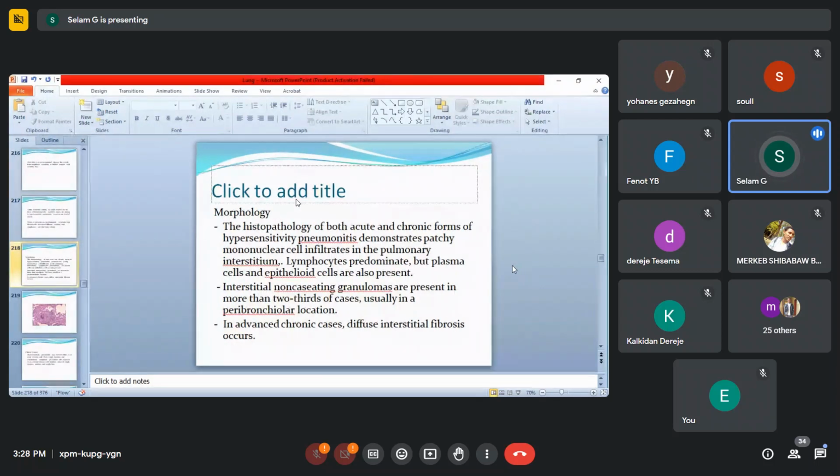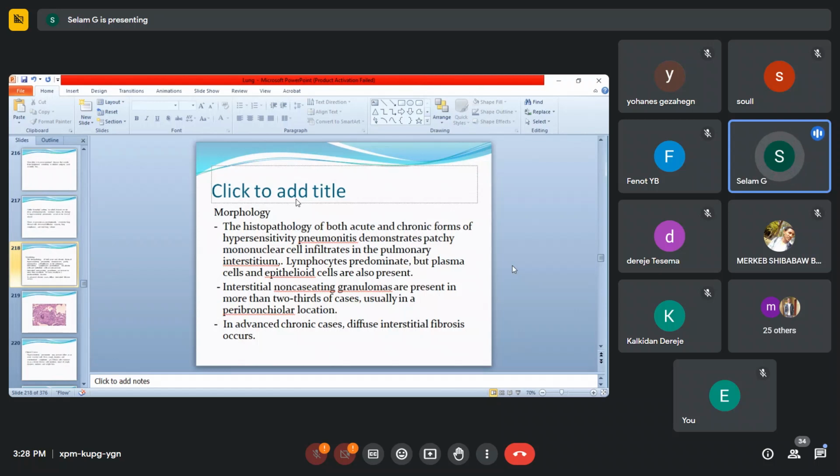the histology of both the acute and the chronic forms of hypersensitivity pneumonitis demonstrates patchy mononuclear cell infiltrates in the pulmonary interstitium, lymphocyte predominant, but plasma cells and epithelioid cells are also present. Interstitial non-caseating granulomas are present in more than two-thirds of cases, usually in a peribronchial location.